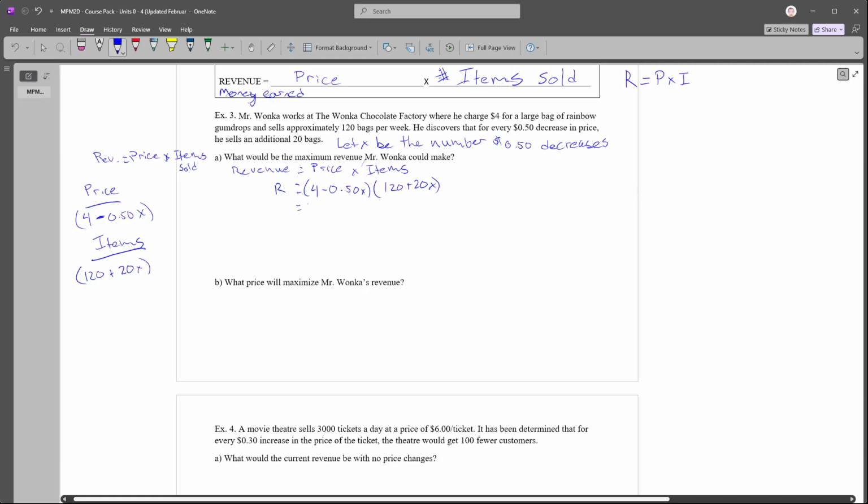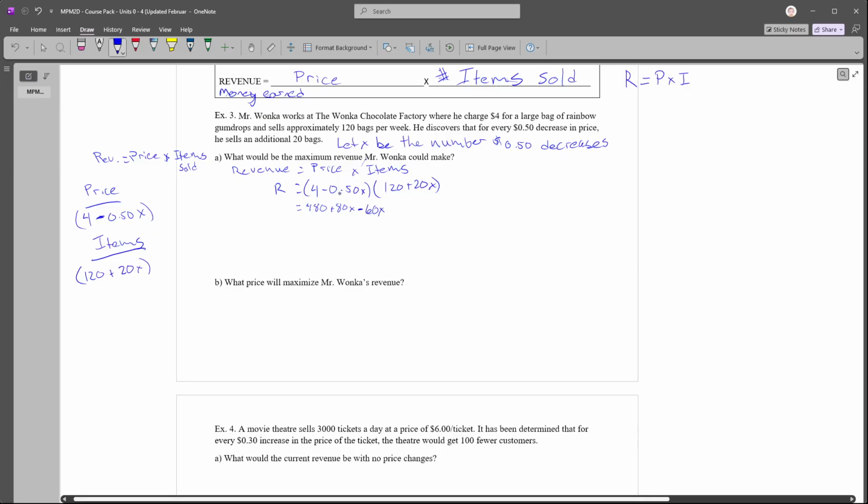4 times 120, that's 480. 4 times 20x, that's going to give us plus 80x. Negative 50 cents times 120 is going to be negative 60x.